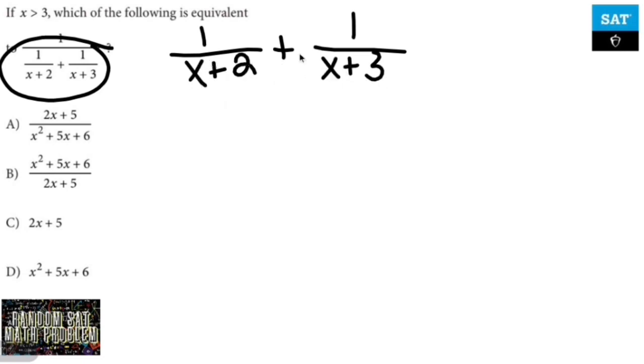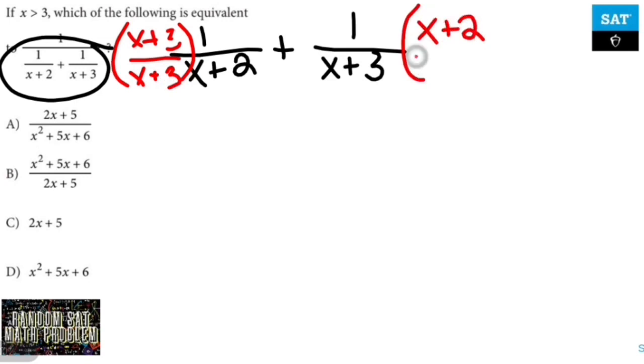But the least common denominator is going to be x plus 2 times x plus 3, and there's no way of getting around it. It's not as simple as maybe multiplying this guy by 3 and multiplying this guy by 2. No. I'm going to multiply this fraction by x plus 3 over x plus 3. I'm going to multiply this fraction by x plus 2 over x plus 2.